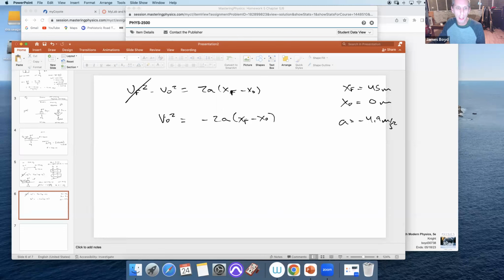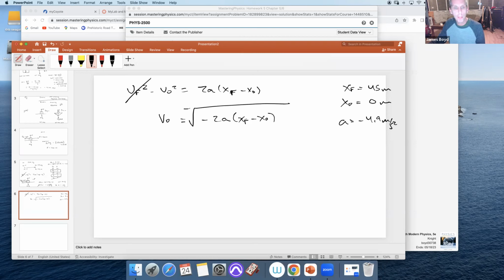We're going to end up taking the square root of this, and we'll use the positive. So we get negative 2 times negative 4.9 times 45 minus 0. Or the negative signs go away, and I get 2 times 4.9 times 45.